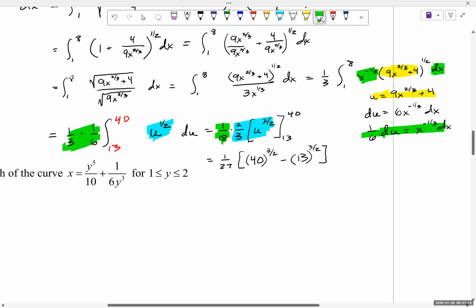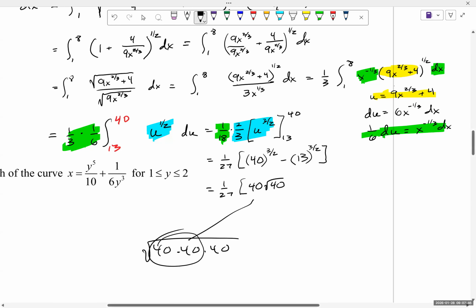Yeah? Yep. Okay. So I see students run to their calculators with this 40 to the 3/2. I'd rather you do this. Isn't 40 to the 3rd taking 40 times itself 3 times? And then the half power is a square root. So it's really 40 times 40 times 40 under a root, which can be rewritten as 40 root 40, right?